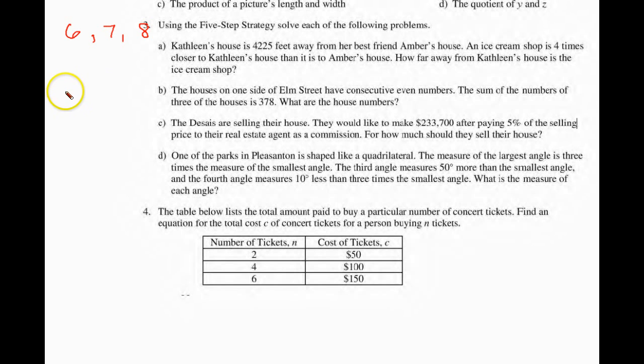If you have the numbers like this, 6, 8, 10, these are 3 consecutive even numbers. And if you have something like this, 7, 9, 11, these are consecutive odd numbers.